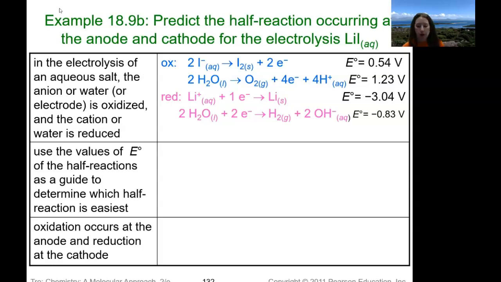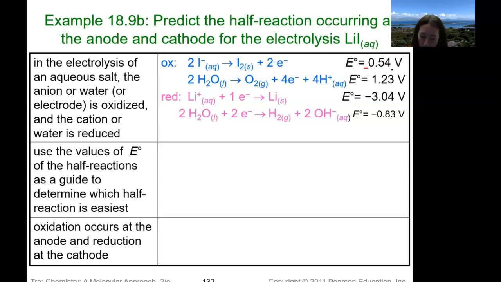Okay, so for oxidation, we have two choices. And remember, these are our oxidation choices here that I gave you, because this is the oxidation reaction for water. Anions are oxidized, right? So that's why we chose these two. For oxidation, the one that's closer to the bottom, or the one that is least positive or more negative, is going to be the one that is oxidized.